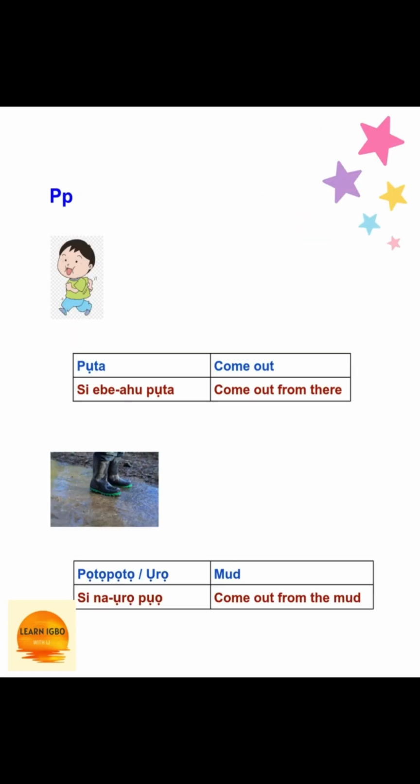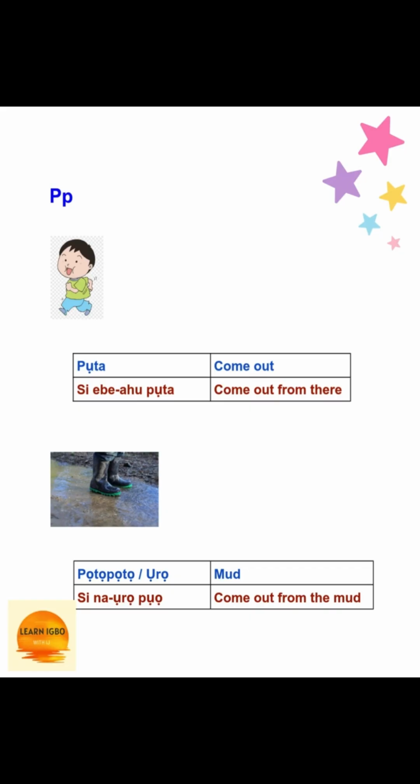Our next letter is the letter P. The English alphabet calls this letter P. In the Igbo alphabet, this letter is P. Example number one.